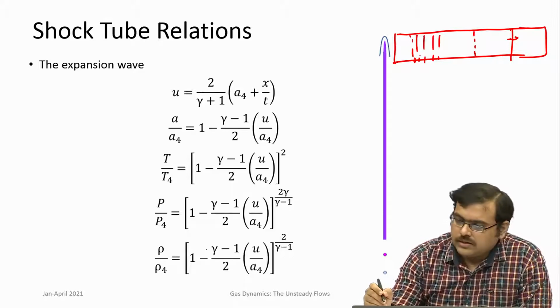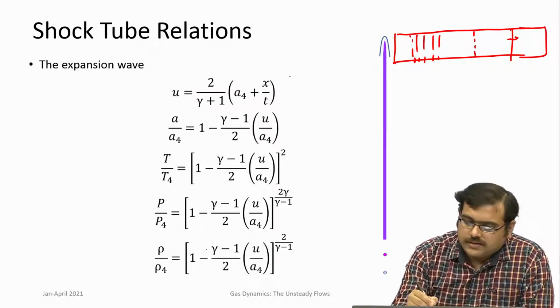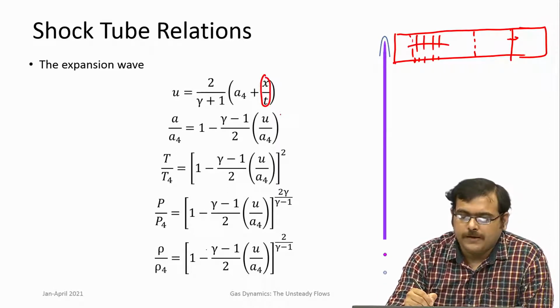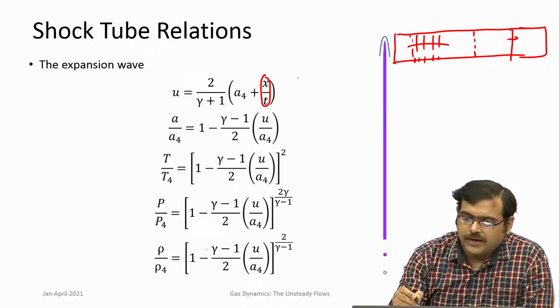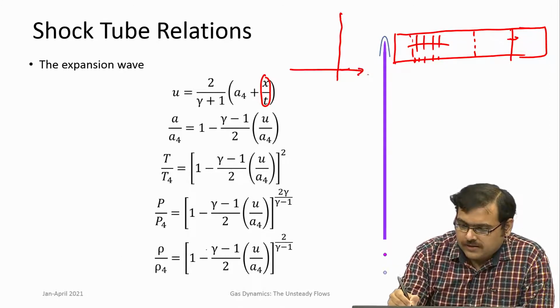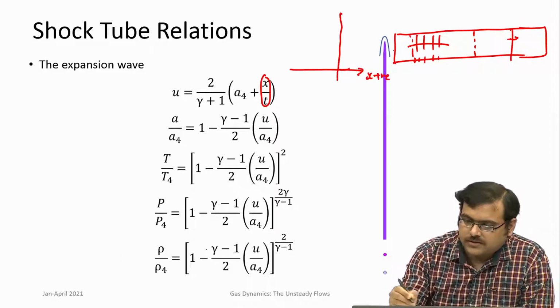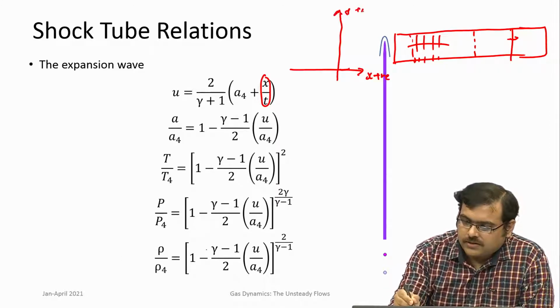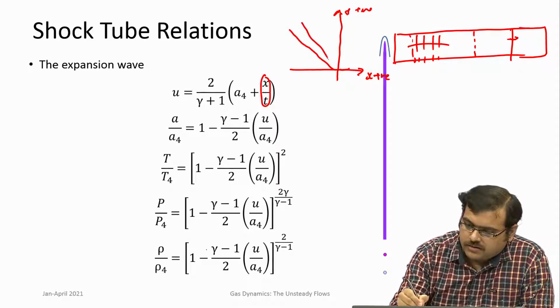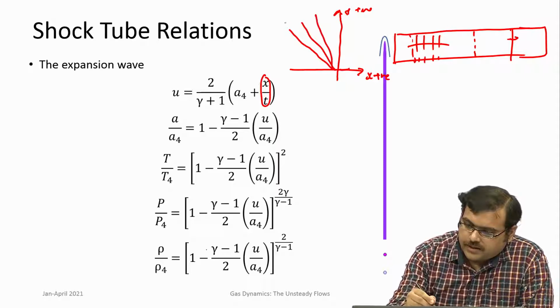So the velocity in the expansion fan varies gradually, that is a function of x by t. Okay. You have to bear in mind that the xt diagram for an expansion fan is like this. This is x positive, t positive, and the expansion fan appears like this, C minus characteristics.